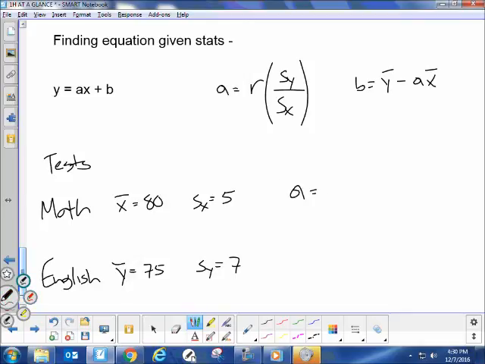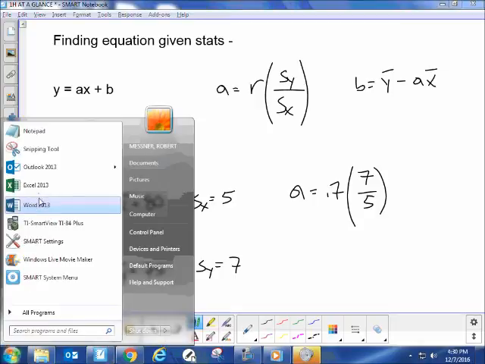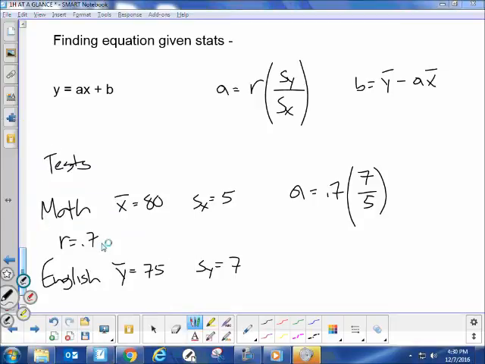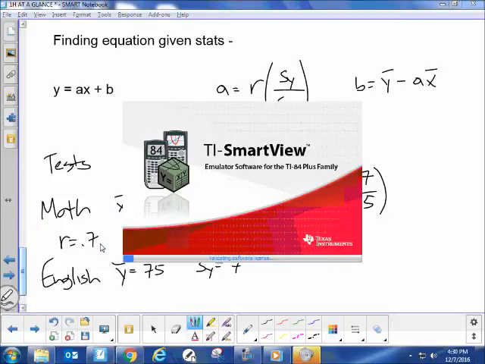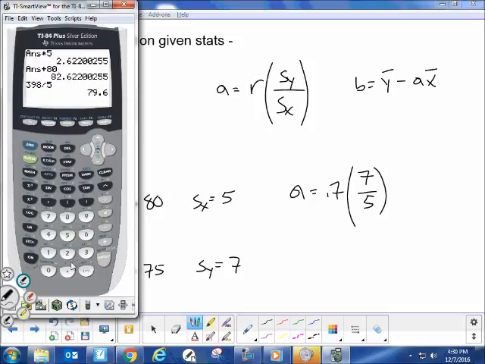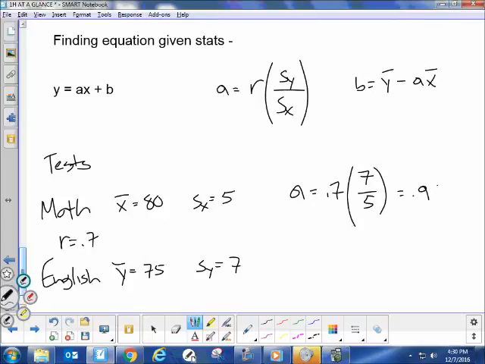We'll get A is equal to, and the correlation between the two is 0.7, and we need that as well. You'd say A is 0.7 times SY over SX. You do the calculation, you get 0.98, so that's the slope.